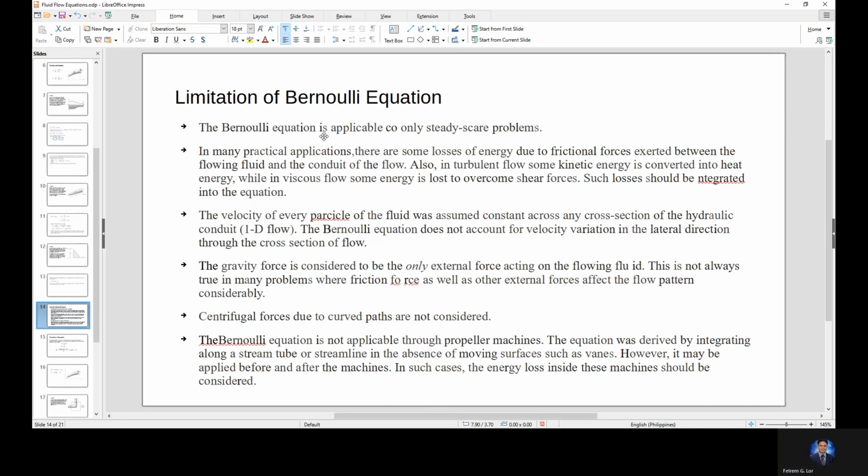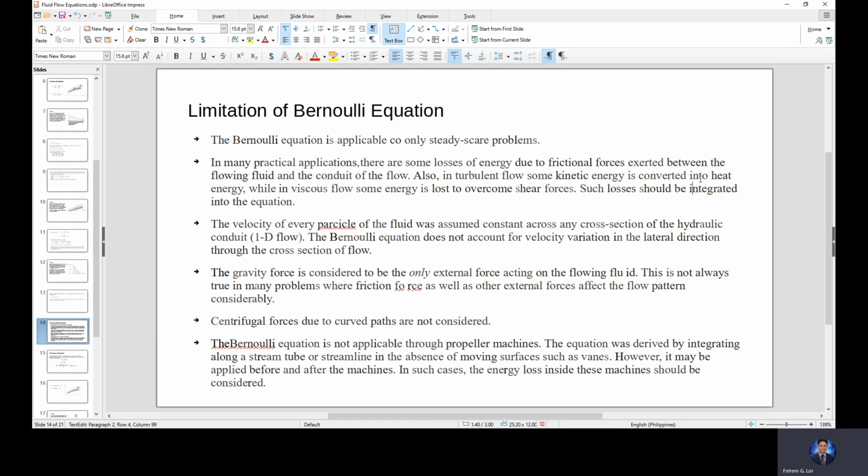We have limitations because when we derive the equations, or if you read our book, you can see the derivation of Bernoulli's equation. During the derivation, there are what we call assumptions.